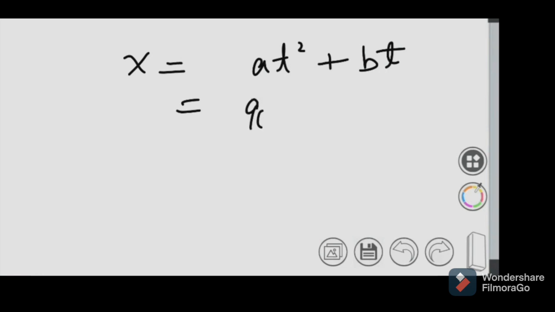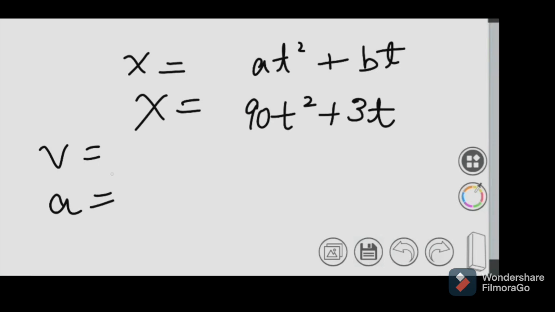So very quickly, just do a recap. If I give you the distance covered as at square plus bt, tell me what will be the velocity and acceleration. At square means it could be 90t square plus 3t. So find out velocity, find out acceleration.